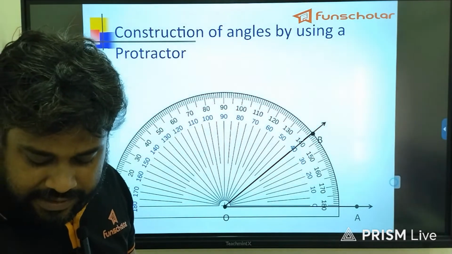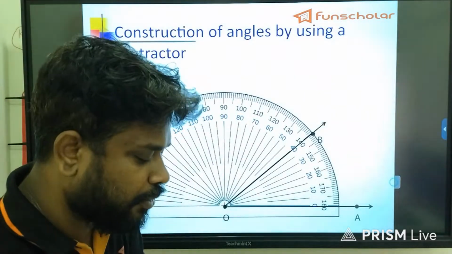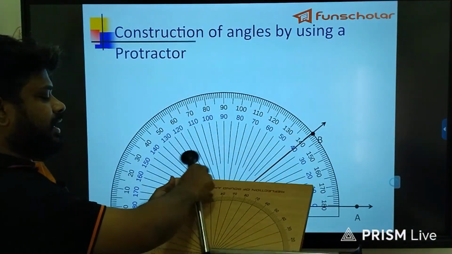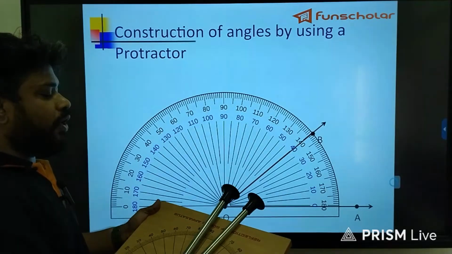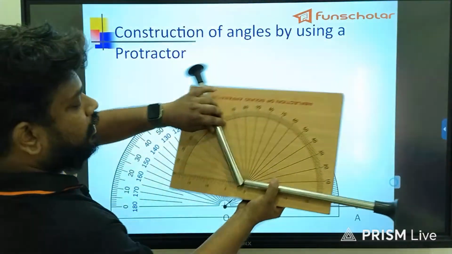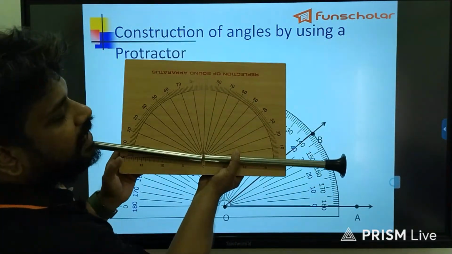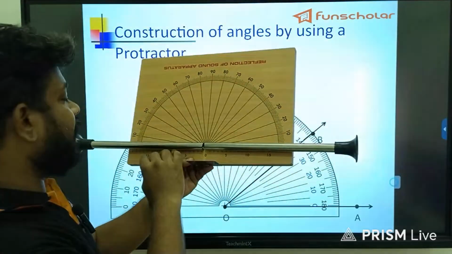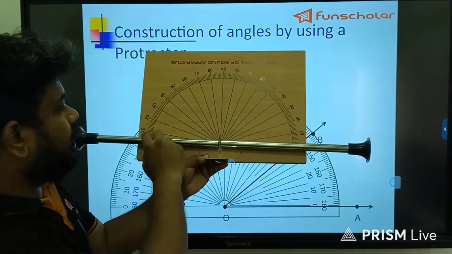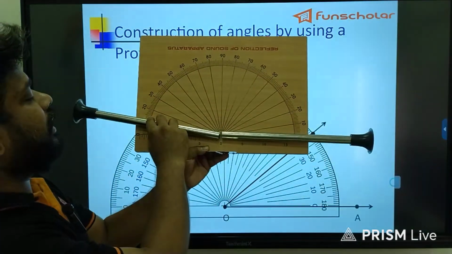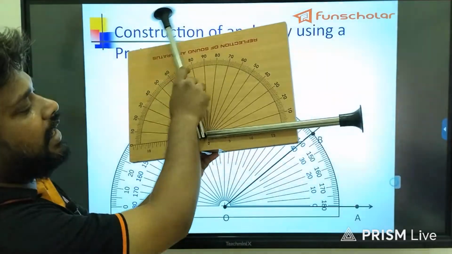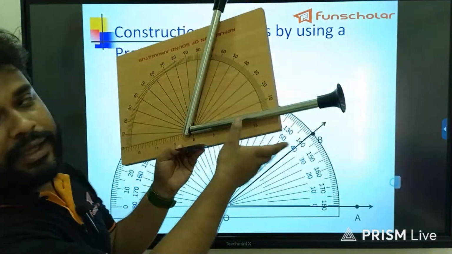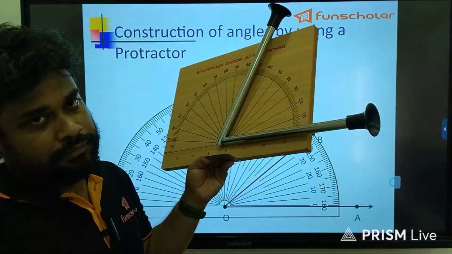So let's understand this better with the help of this. If I start drawing, take this as a straight line, and I am drawing the angle from 0 degree, taking it here. So it will be 0, 10, 20, 30, 40, and it will end up being 180 degree here.